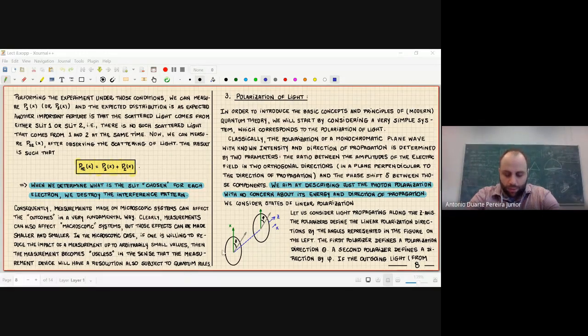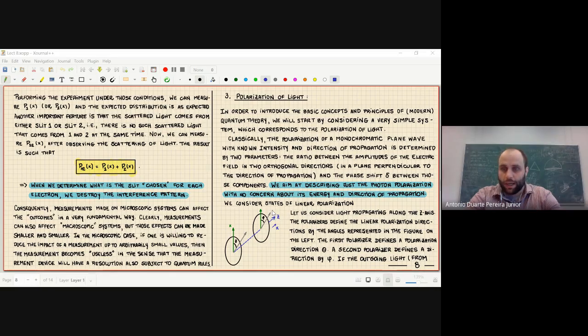If I throw light with intensity I naught, it will pass through the first polarizer and have an intensity I in this region. And now the second polarizer is placed at 90 degrees with respect to the first one, and the intensity goes to 0. If the polarizers are orthogonal, no light will escape to this region.